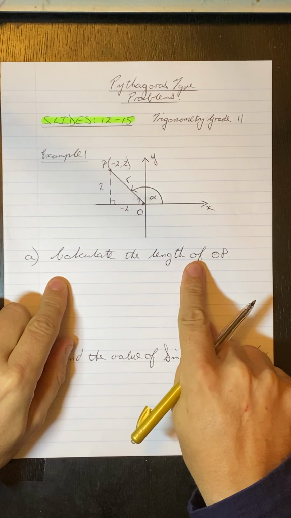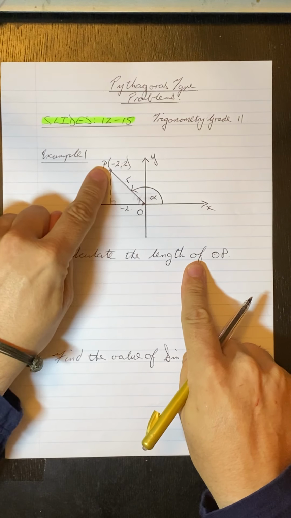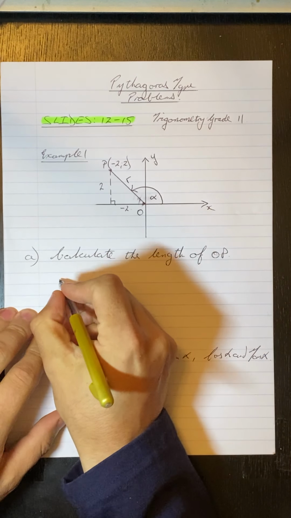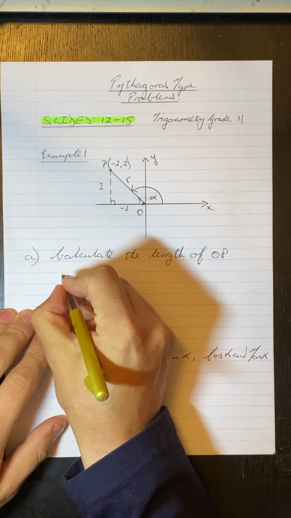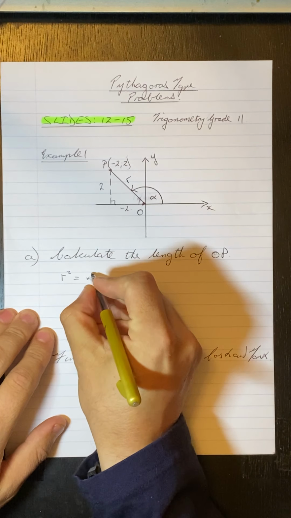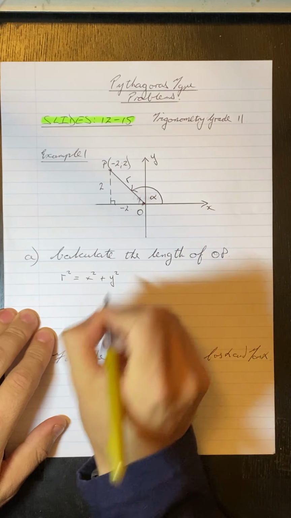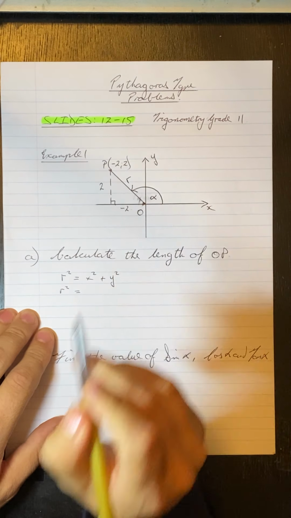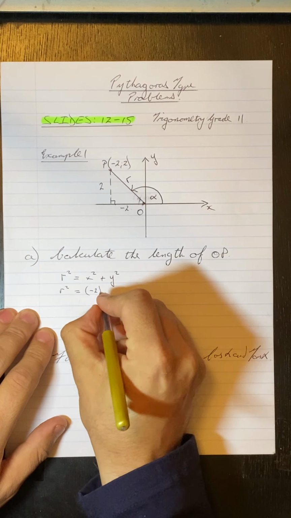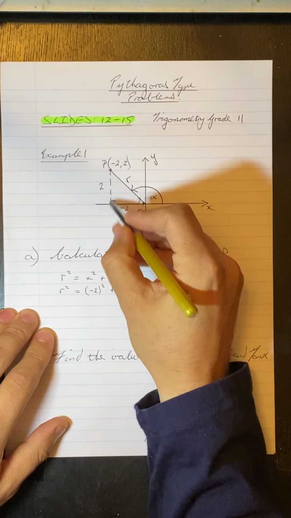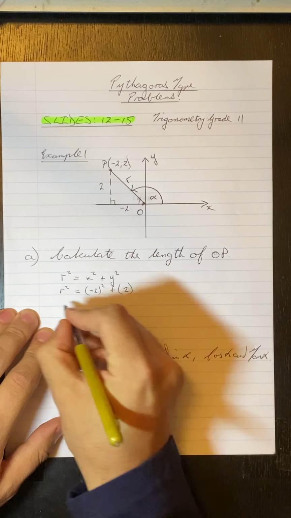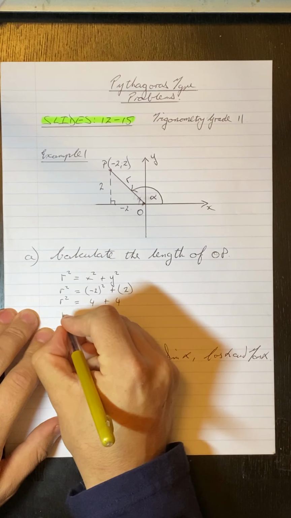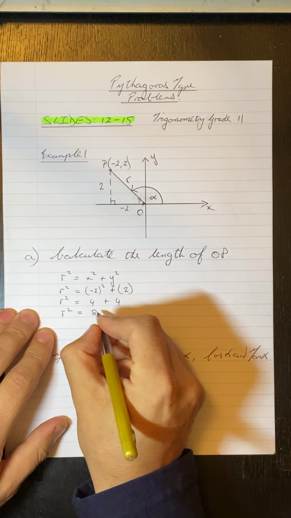So to calculate the length of OP, we're going to use Pythagoras' theorem. We know that our unknown there is r. So r squared equals x squared plus y squared. So r squared is equal to our x value, minus 2, squared, plus our y value, 2 squared. So r squared is equal to 4 plus 4, so r squared is equal to 8.